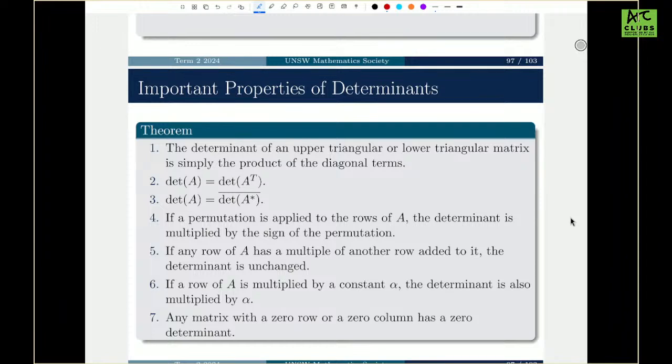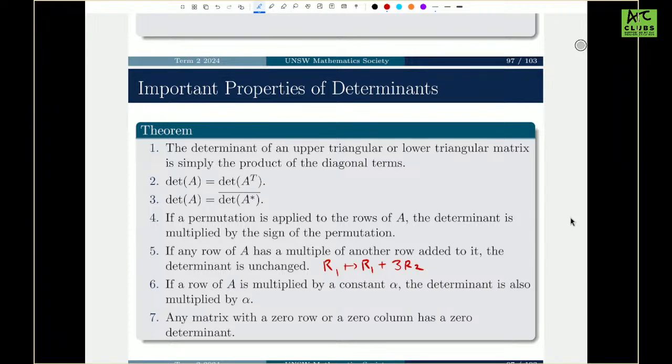So number 5, if any row of A has a multiple of another row added to it, the determinant is unchanged. So basically, if you do your row operations, like row 1 is row 1 plus 3 row 2, stuff like that, when we do our Gaussian elimination, it does not change the determinant, which is lovely.